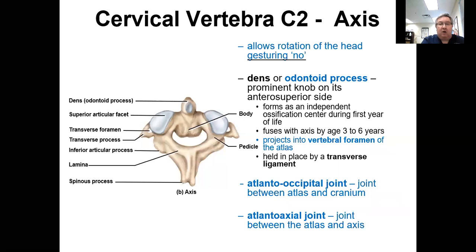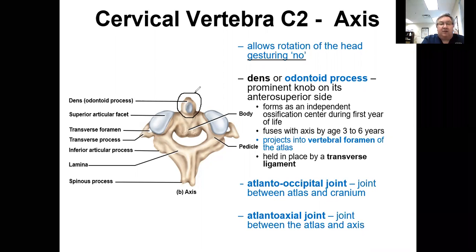C2 is known as axis. All right. C2 is known as axis. C2 allows for the gesture of no, allows for cervical rotation. Now you will know C2 because there is a very specific structure that is only found on C2.